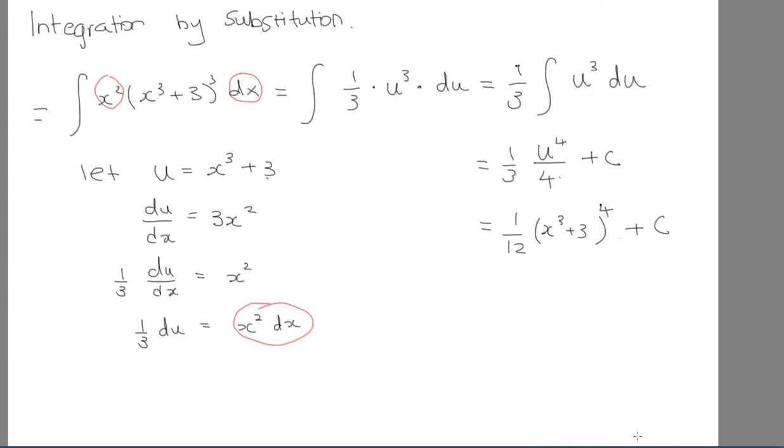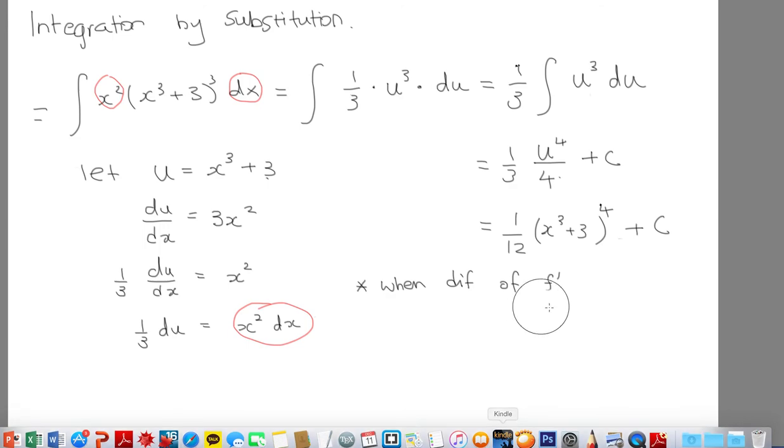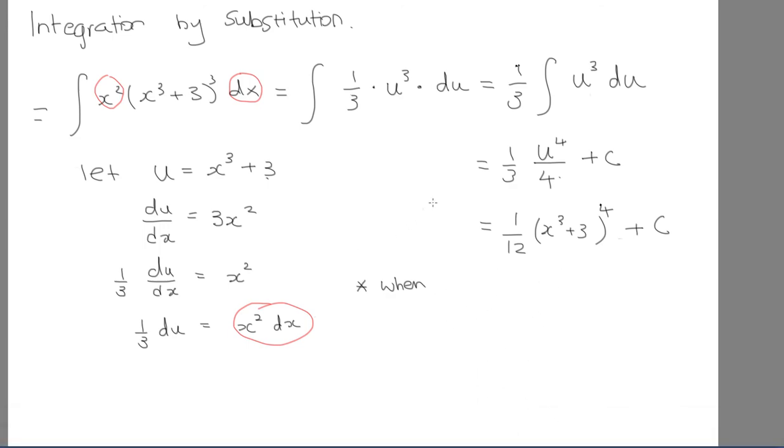So let me just write something here. When the differentiation of f, when I would say f dash x, exists as well as f of x, then you can use this method, which is the method of substitution.